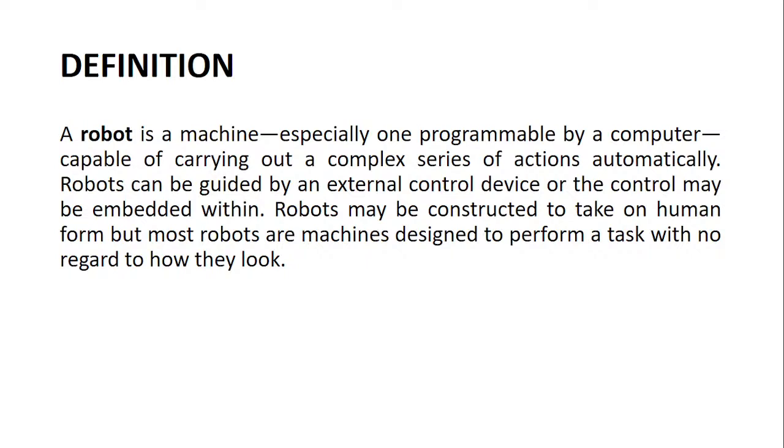This is the definition of robot that we use these days. All the robots that are designed and manufactured these days have programmability. They can be programmed, and they're flexible, and they're developed not just for a single task. You can devise them for multiple tasks, not at the same time maybe.